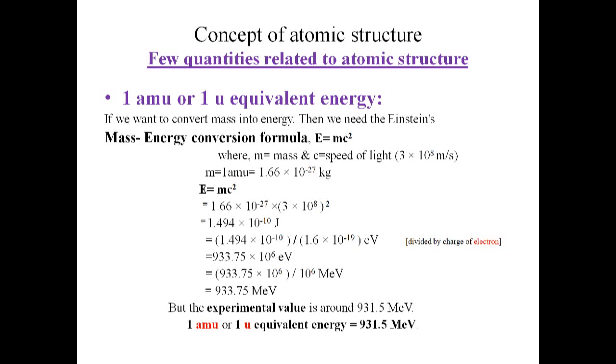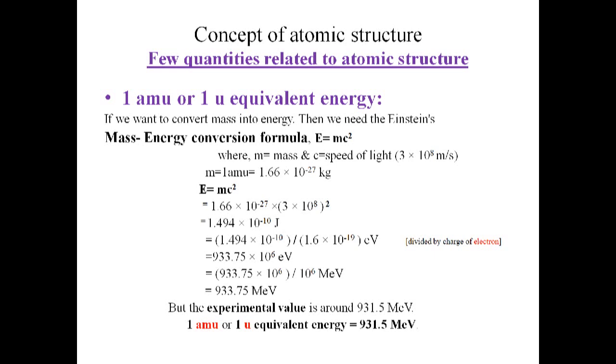On the left side, E denotes the produced energy, m means the applied mass, and c is the speed of light. Here our mass is 1 AMU, and we need to convert this mass into energy.